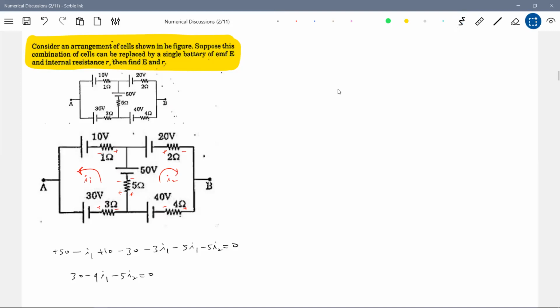Similarly, I'll go for one more loop equation on the right hand side. Here, I'll proceed like this. So plus 50 minus 20 minus 2I2 minus 4I2 plus 40 minus 5I2 minus 5I1 equal to 0.